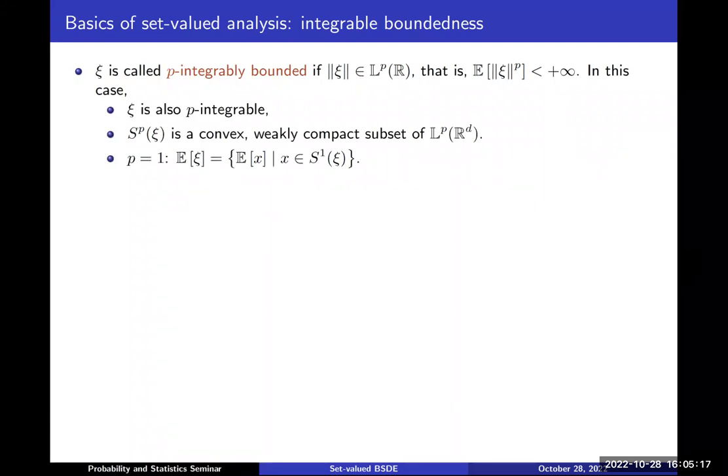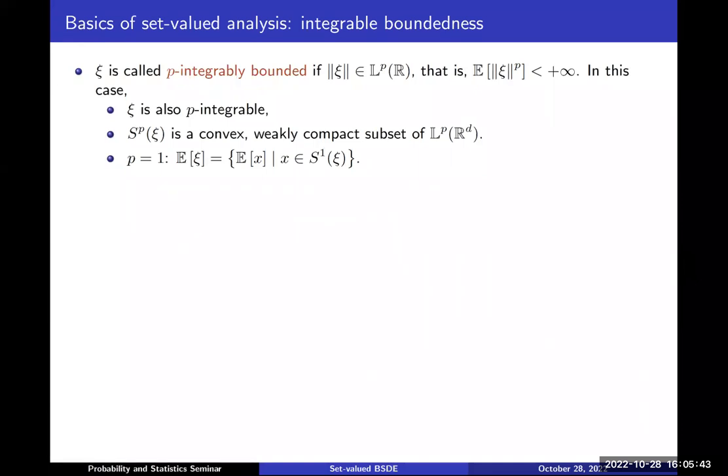Of course, integrably bounded implies integrable. And in this case, the set of LP selectors is a weakly compact set. So that also gives some more functional analytic structure on the LP side. You start with your C, and you assume that its set norm is integrable.